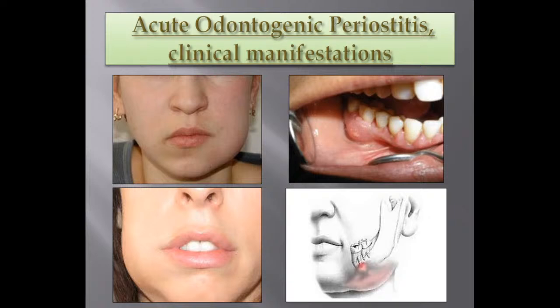And we can divide it into 2 stages: early stage and late stage. The early stage is characterized by inflammation without soft tissue involvement, and the late stage is inflammation or abscess with soft tissue involvement. Pathogenic microorganisms gain access into periapical tissue through any of the following routes.